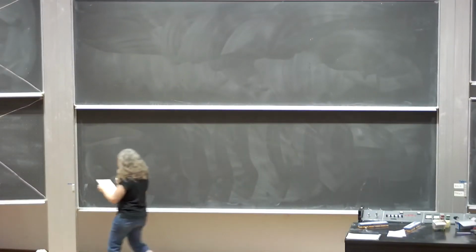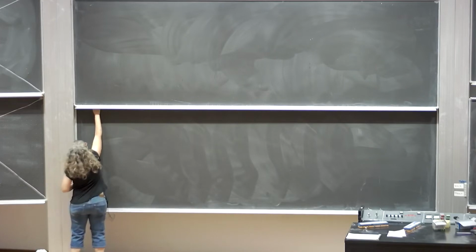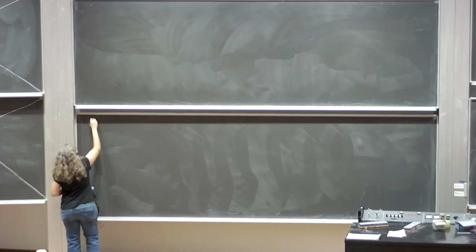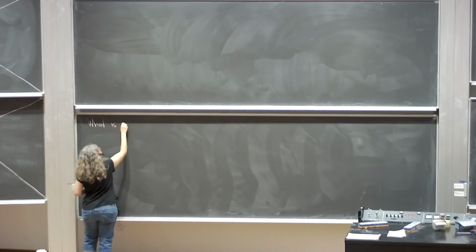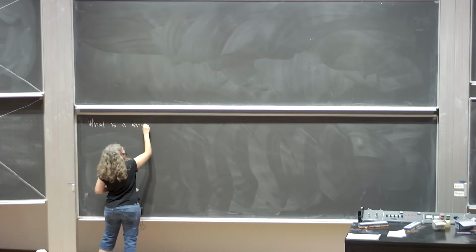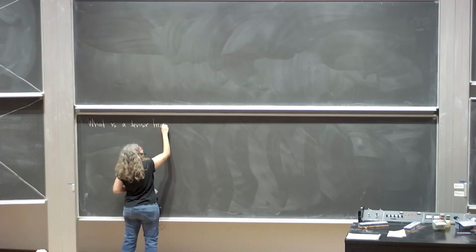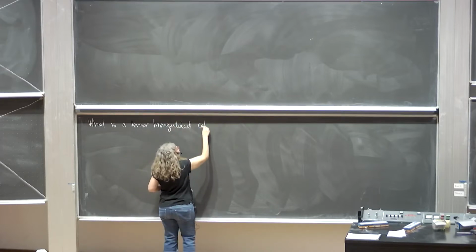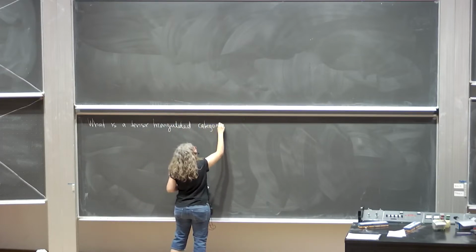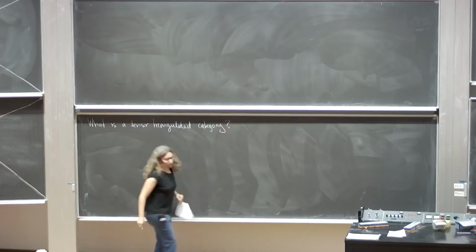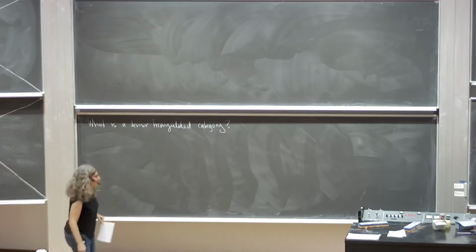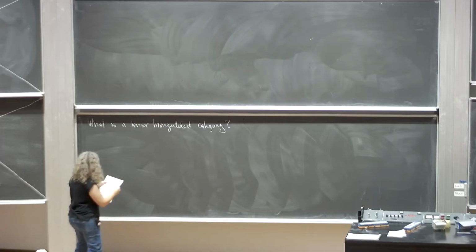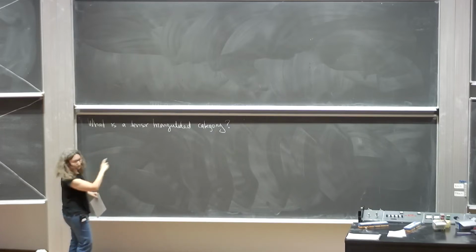The key definition today is what is a tensor-triangulated category. Let's start with describing the terms.